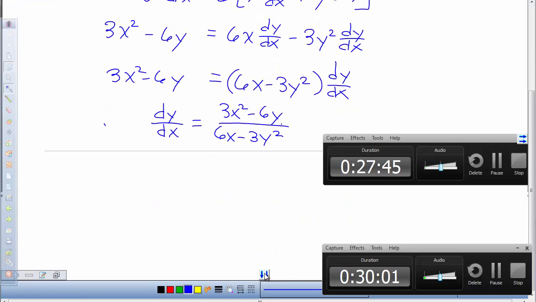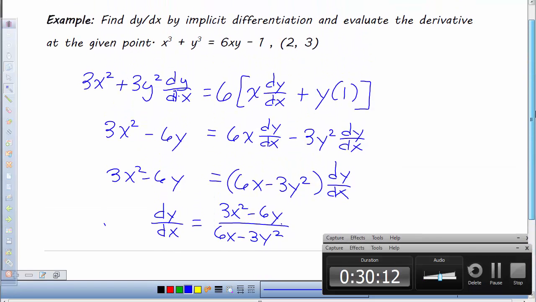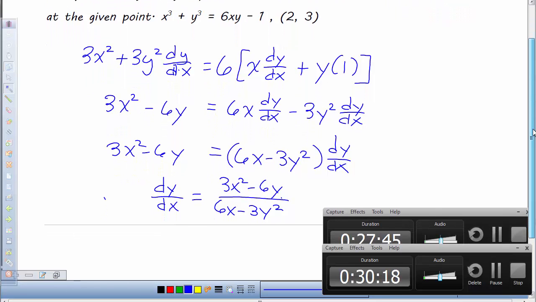So what this problem asks us to do is evaluate this at a point. Before, when we've evaluated, we've only had a place to plug in an x value. But now we've got a place to plug in the y too. So for x, I'm going to plug in 2. For y, I'm going to plug in 3, because this is the point we're evaluating at.